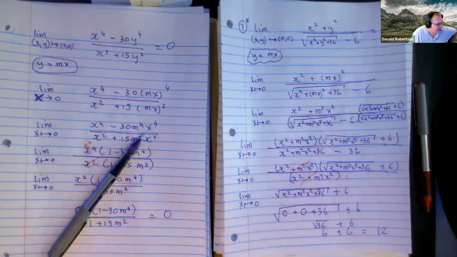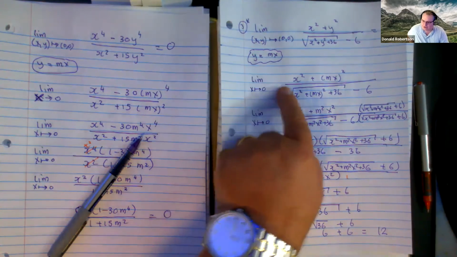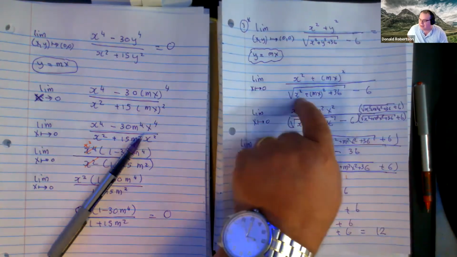How are we doing with that guy? Any questions? Nope. Is this y equals mx trick working for you? Right. You do this, you turn everything into x's with some m's.